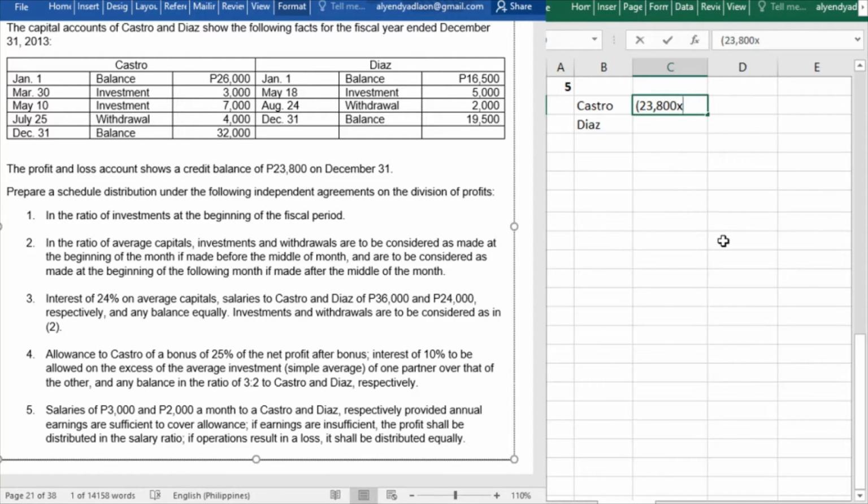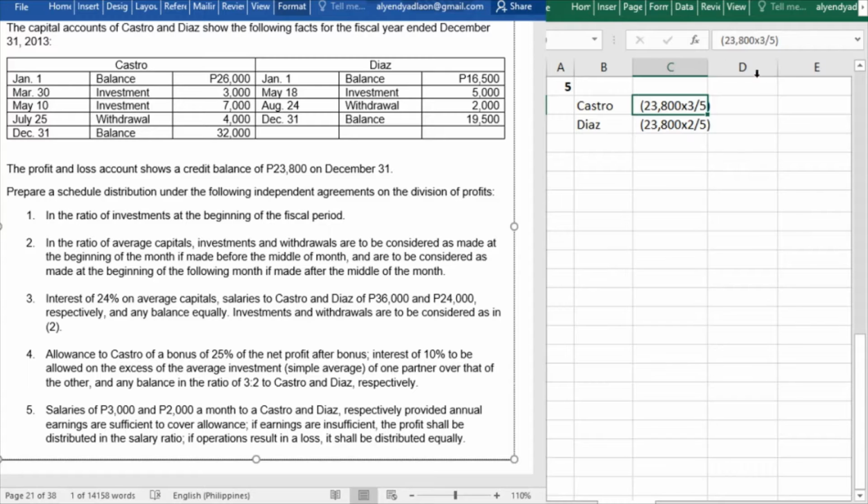Now, as you can see, the salary is 3,000 for Castro and 2,000 for Diaz. So that means that the total is 5,000. So for Castro, the ratio is 3 over 5. Well, for Diaz, that is 23,800 multiplied by 2 over 5. That means 2,000 for Diaz, and then with a total of 5,000 for the two.